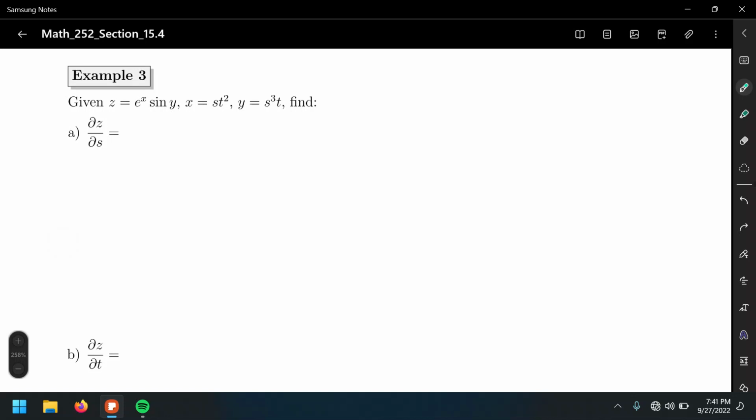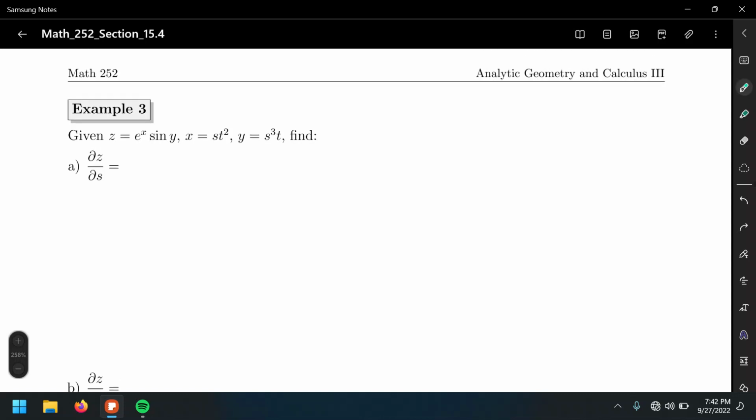What do we need in this case? They're asking us to find the partial of z with respect to s. We have one function of two intermediate variables and two independent variables. If it works for you, why not do a tree diagram?